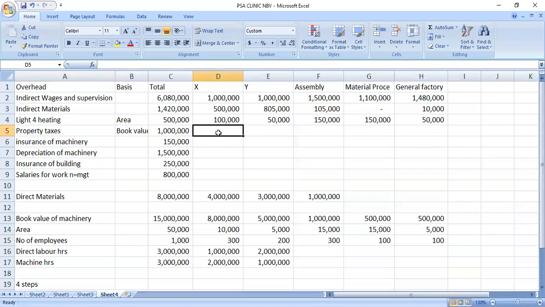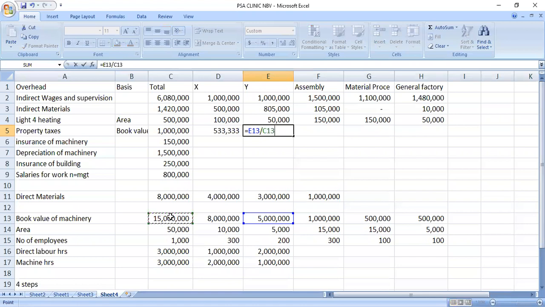Same story: X portion is under book value, 8M divided by the total 15. Attach it to the overhead to get the answer. Same thing with this one: 5M divided by the total times 1M.